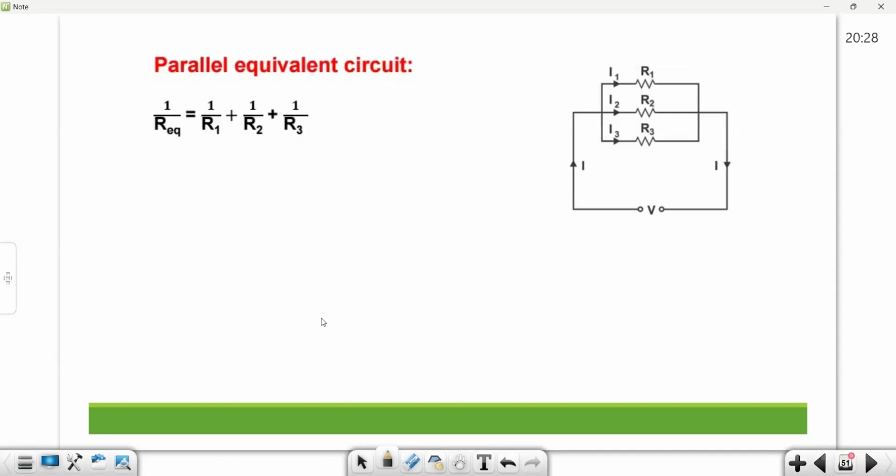And when it is parallel, how will you do it? If it is in parallel, 1 by R equivalent is equal to 1 by R1 plus 1 by R2 plus 1 by R3. This will be the final value.